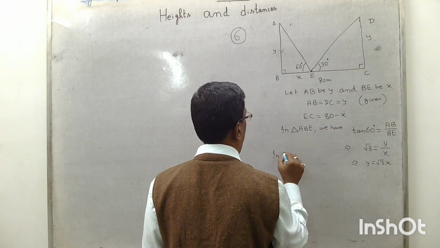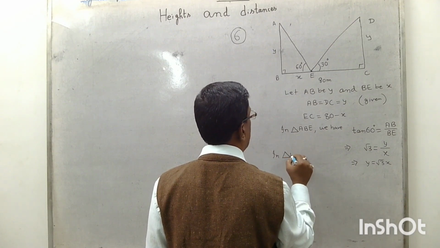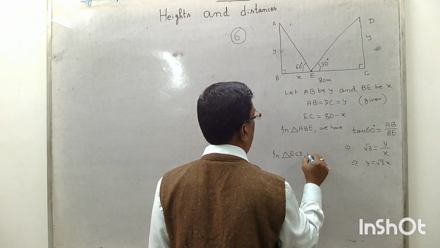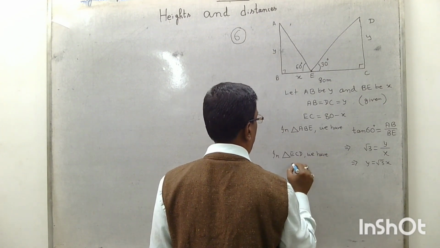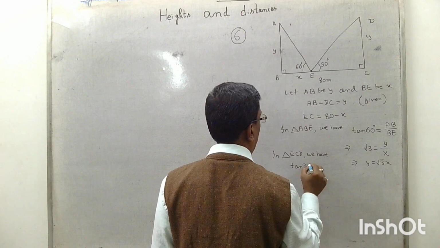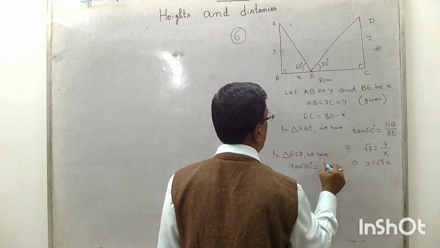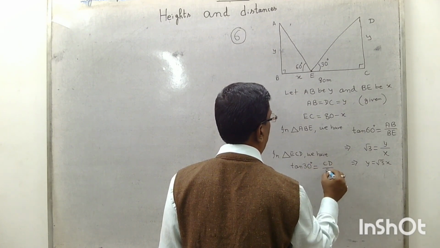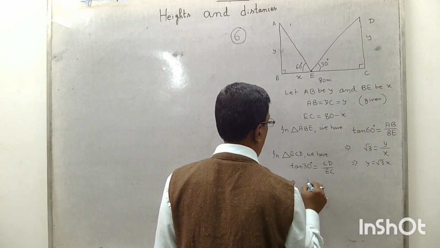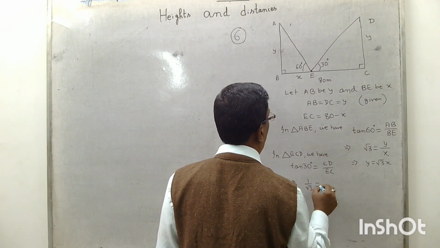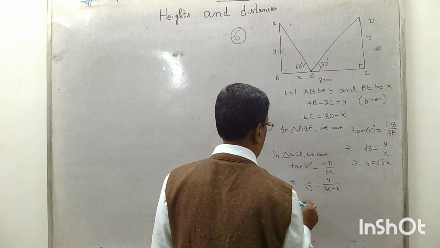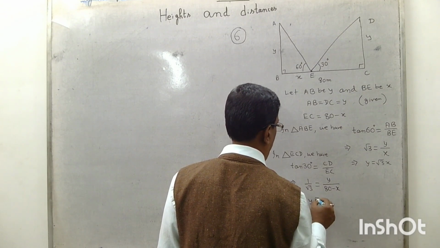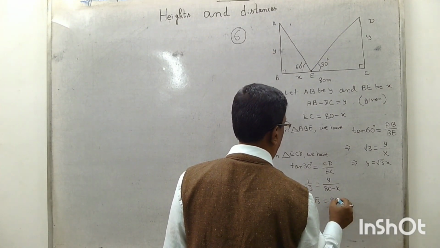In triangle ECD, of course right angle triangle, we have tan 30 equal to CD by EC, which is 1 by root 3 equal to Y by 80 minus X. So Y equals 80 minus X times root 3.